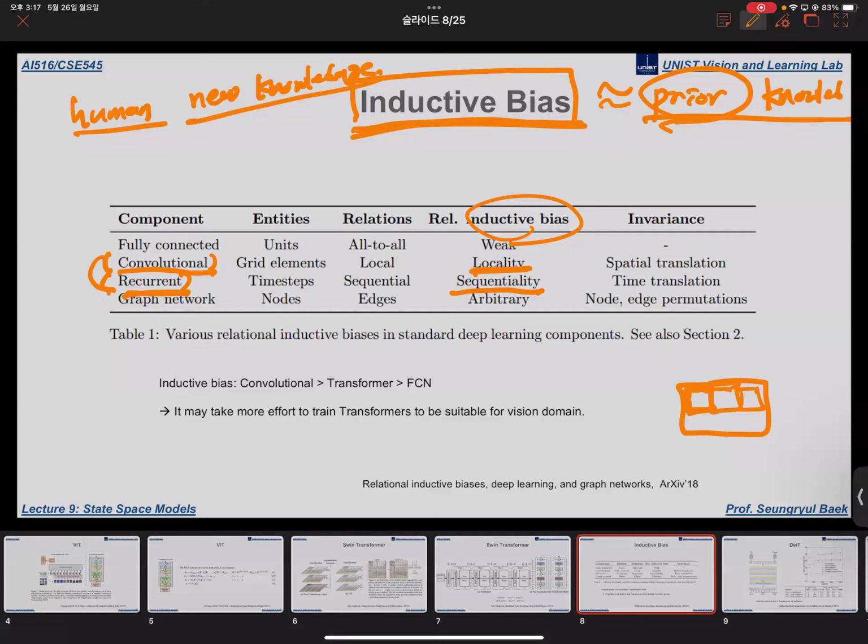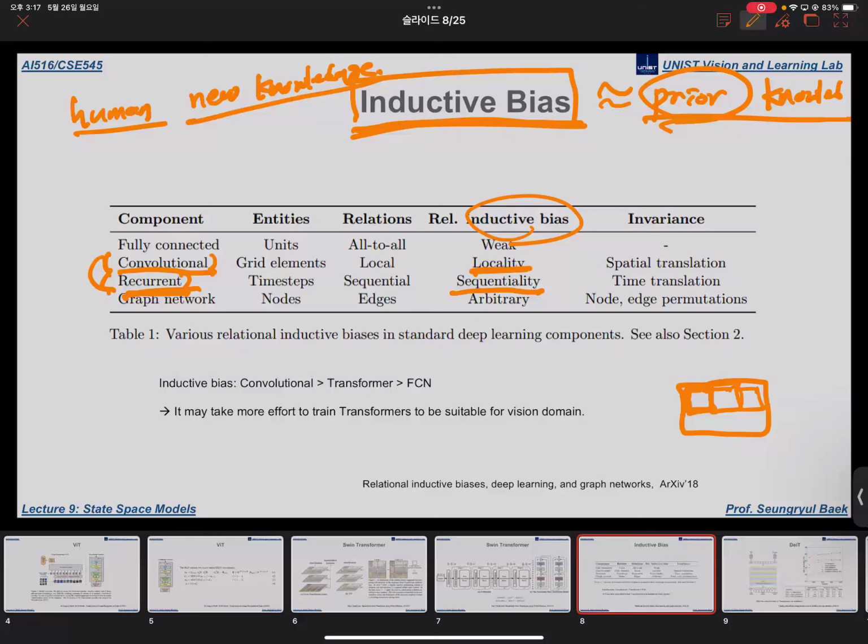So CNN can be easily trained for the image domain, and RNN can be easily adapted to any sequential data. But RNN sometimes suffers when applied to, for example, the image domain or others.